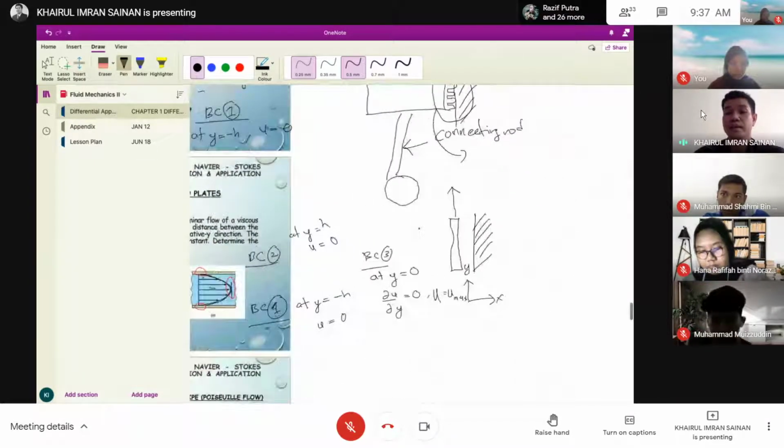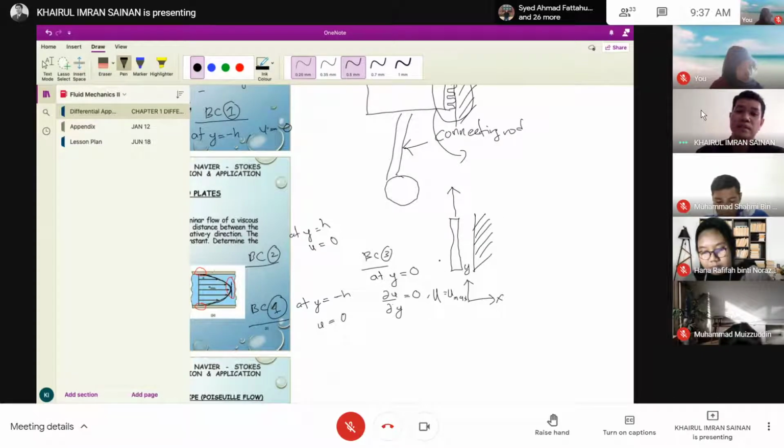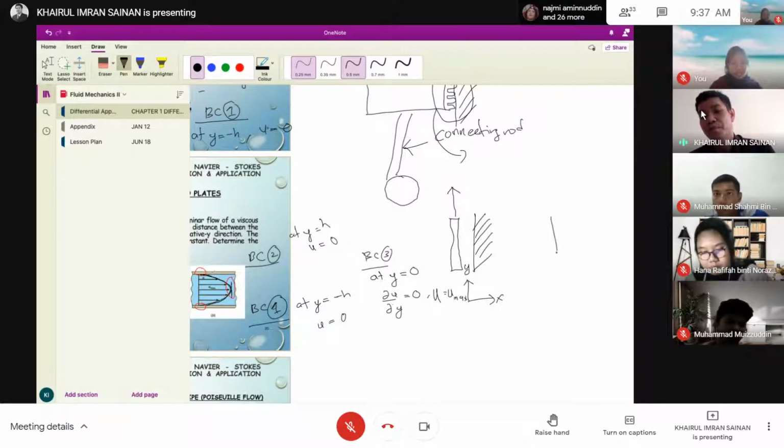And then you not only have that, we also have the vertical direction. Either one is fixed and another one is in motion. Be careful of the axis even. And perhaps you also have a fixed plate.